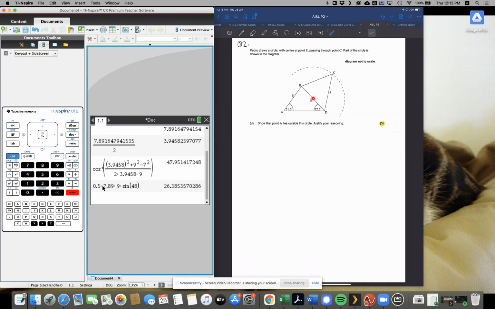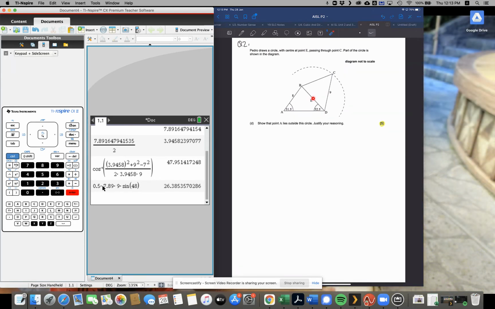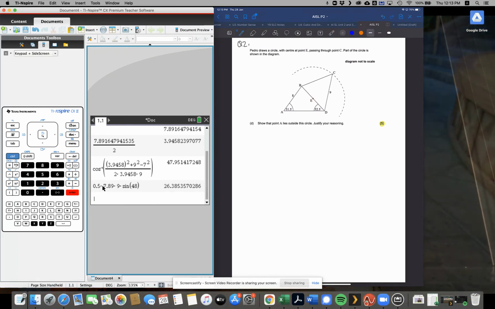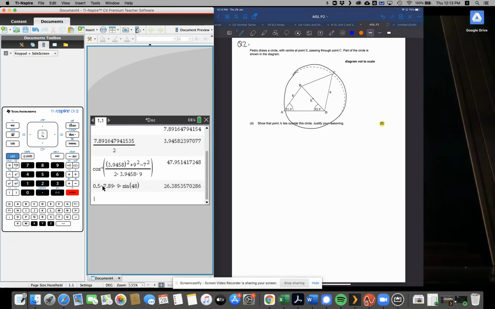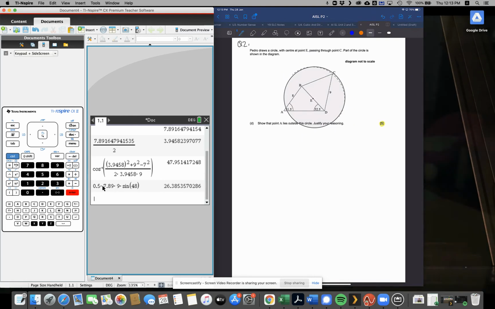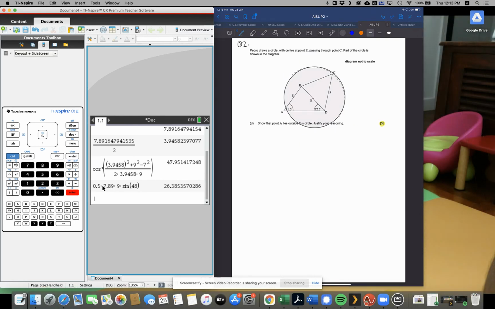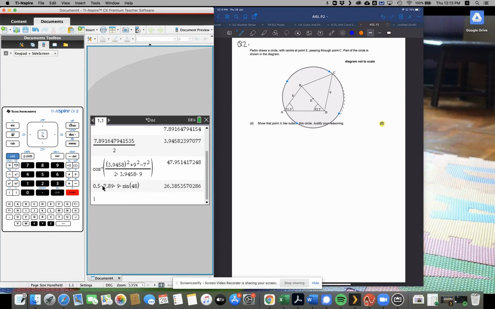So this is point E, and we want to show that it is outside.